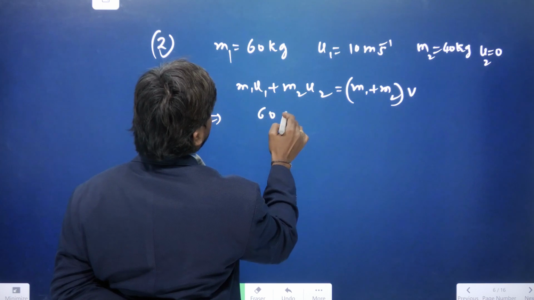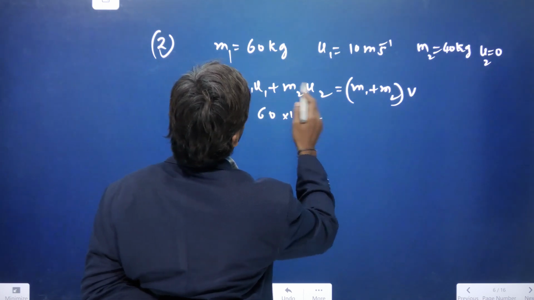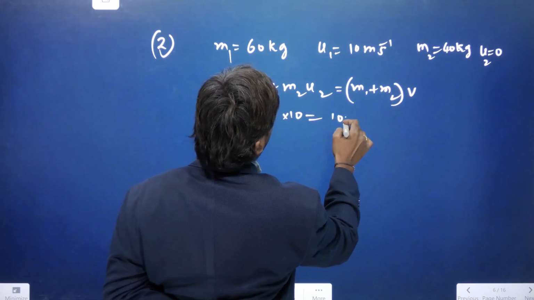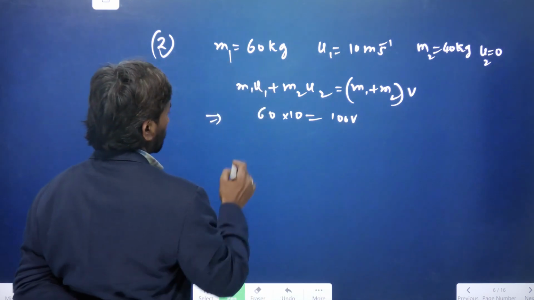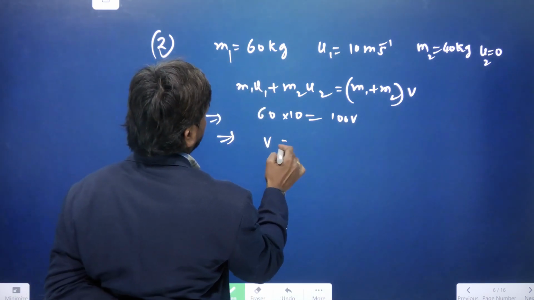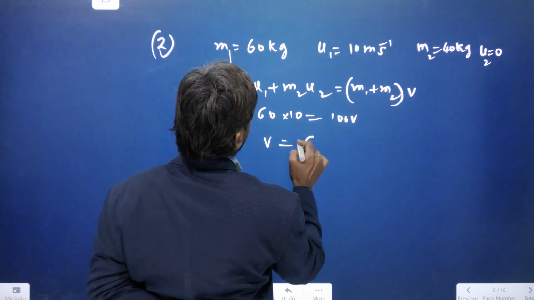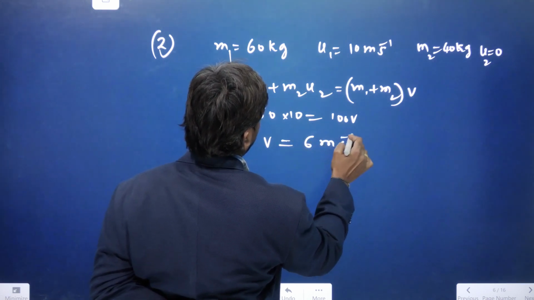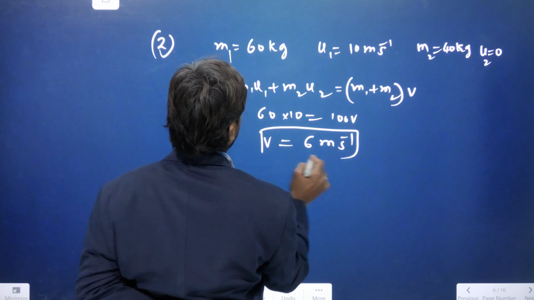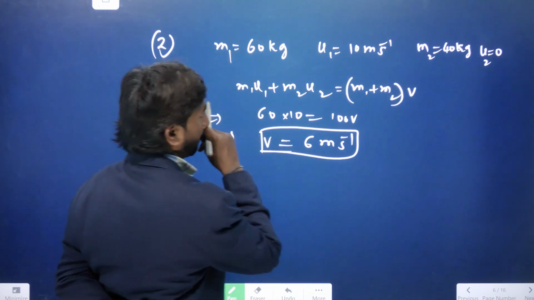Then 60 into 10 is 600, equal to 100 into v. So v is equal to 6 meter per second.